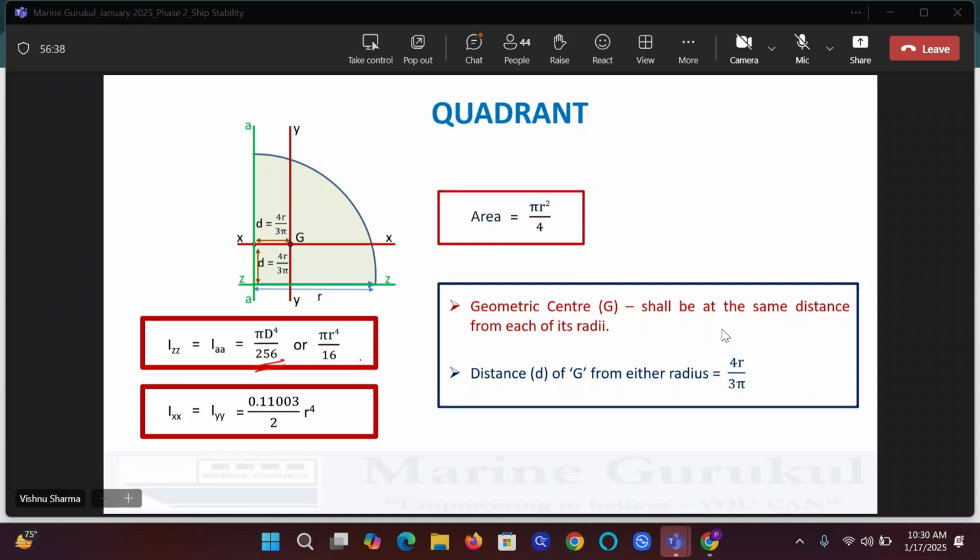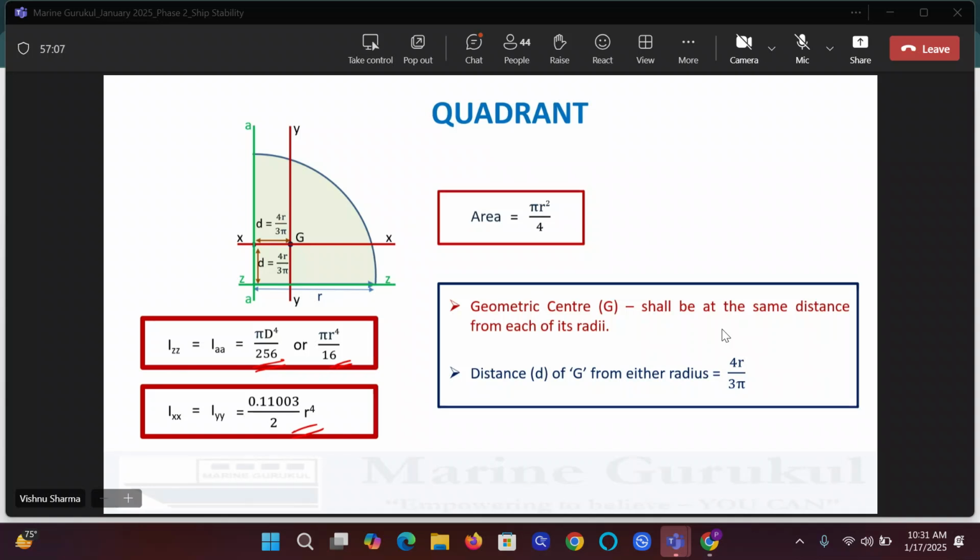This is also half of the semicircle. So quadrant is nothing new, no new formula. If you can link it to the previous formula, then the number of formulae you'll have to memorize would come down. Clear, beta?